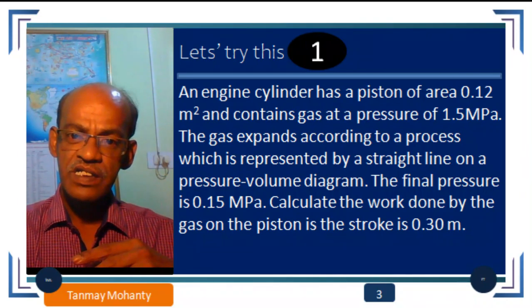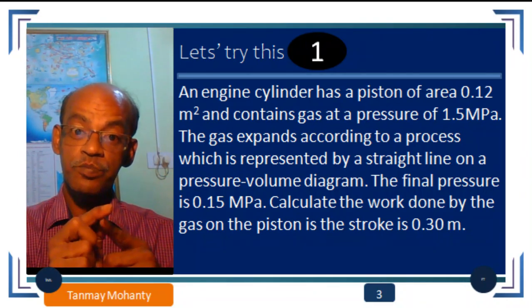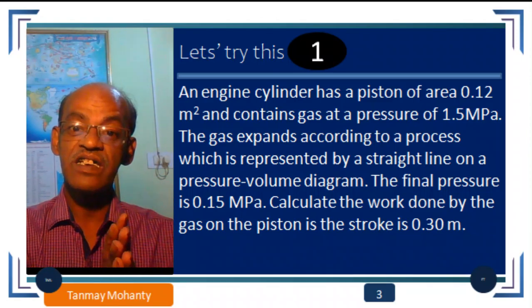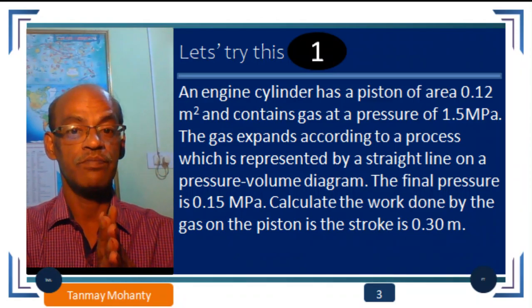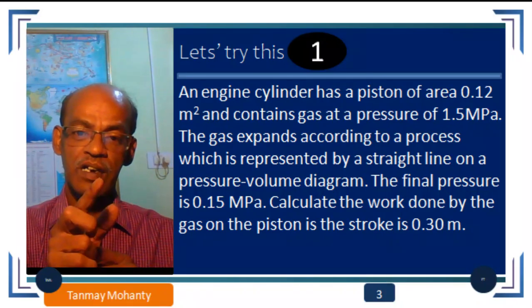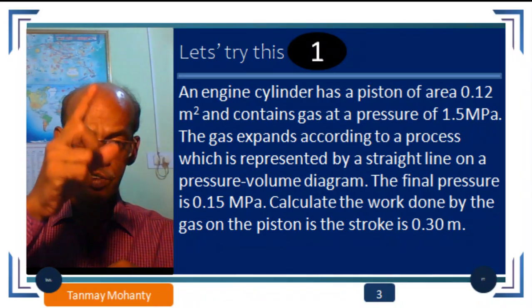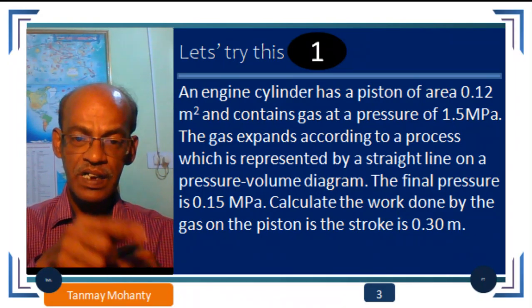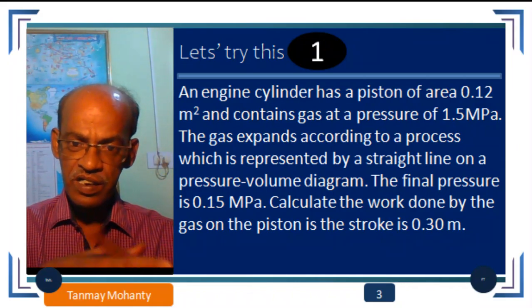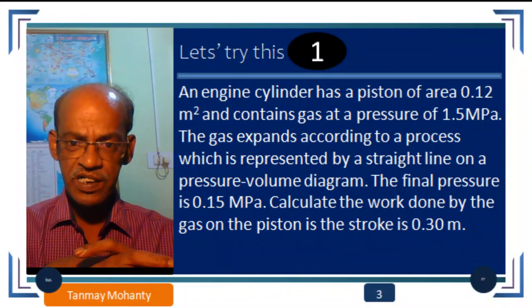What is that? The gas expands according to a process which is represented by a straight line on a pressure volume diagram. You recall the pressure volume diagram of isothermal curve, where we drew a hyperbola kind of curve. In polytropic process or in adiabatic process, these are hyperbolic in nature.